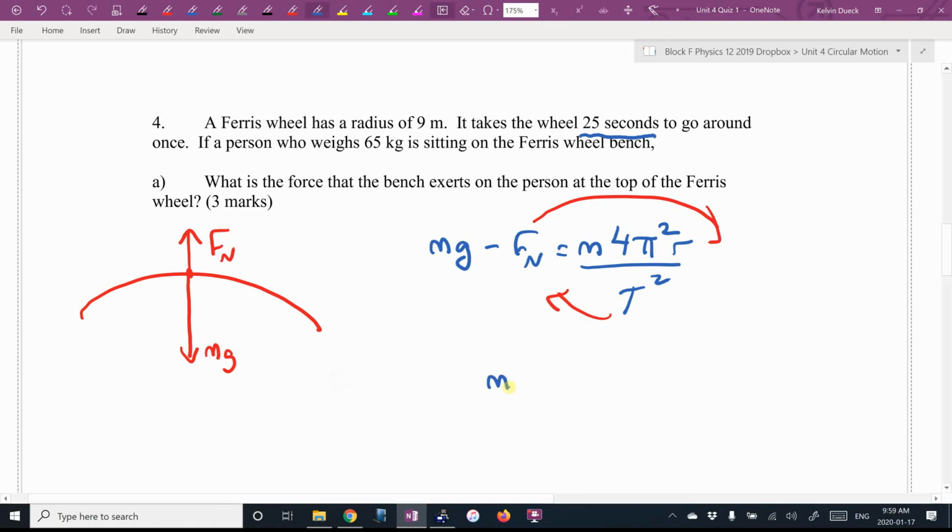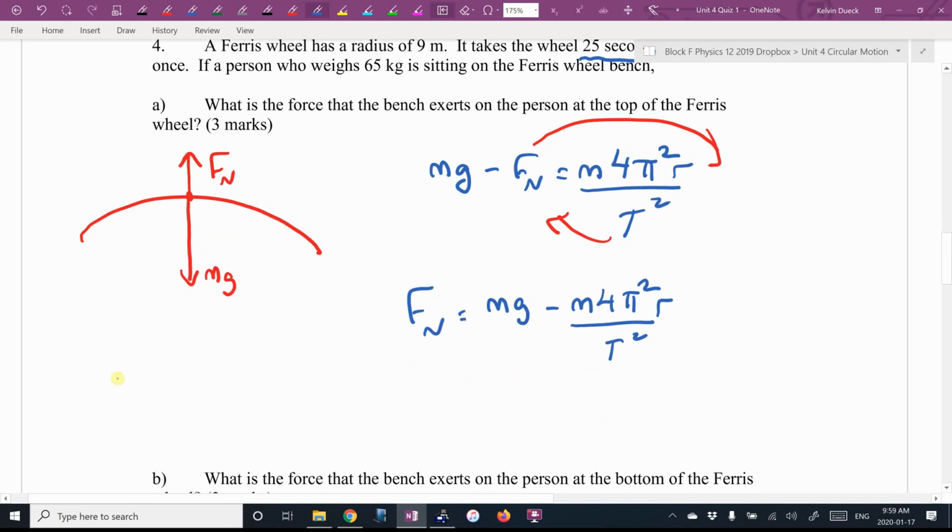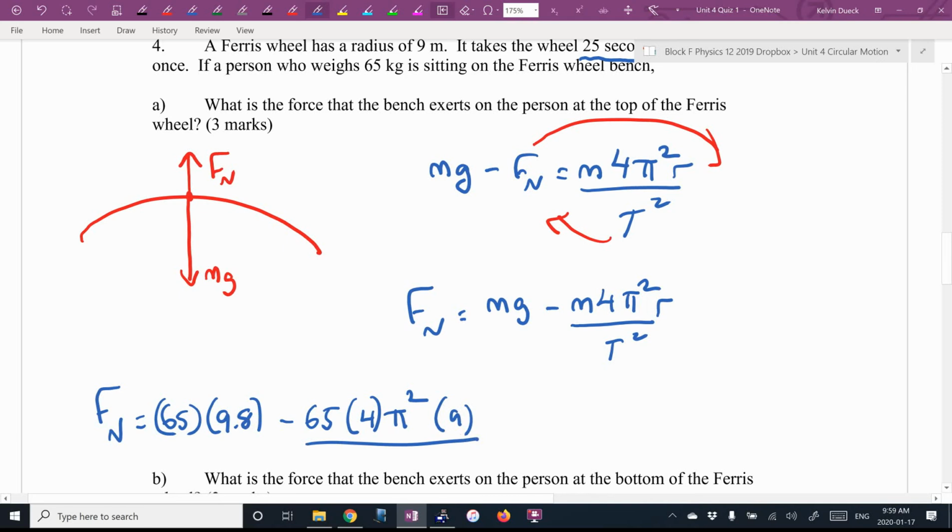I'm going to get mg minus m 4 pi squared r over T squared equals Fn. The normal force is going to be m, 65, g, 9.8, minus 65, 4 pi squared, oh, r is a number, Mr. Dueck, 9, all over T squared.